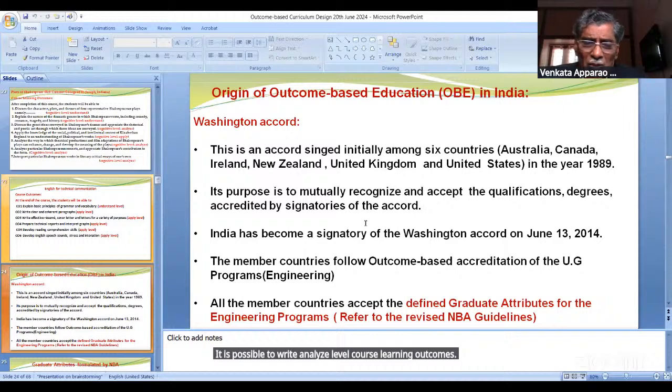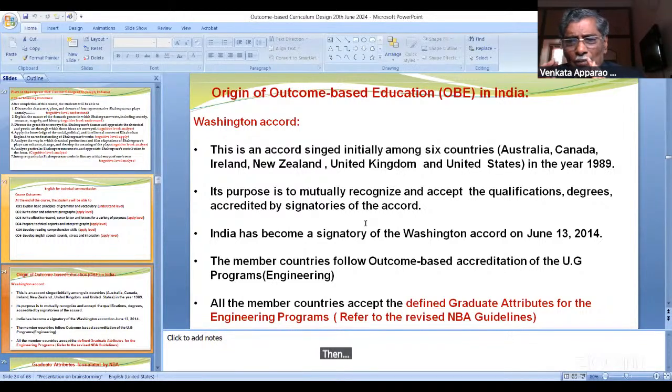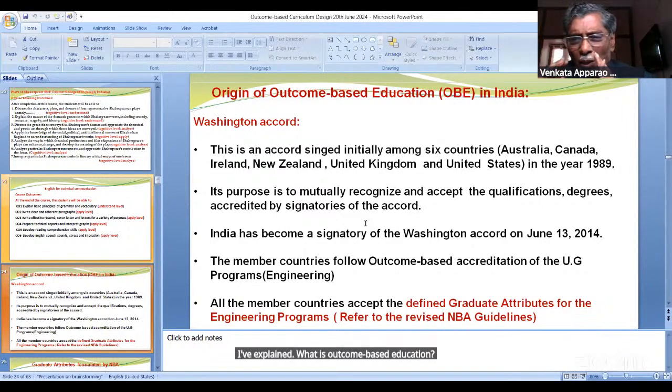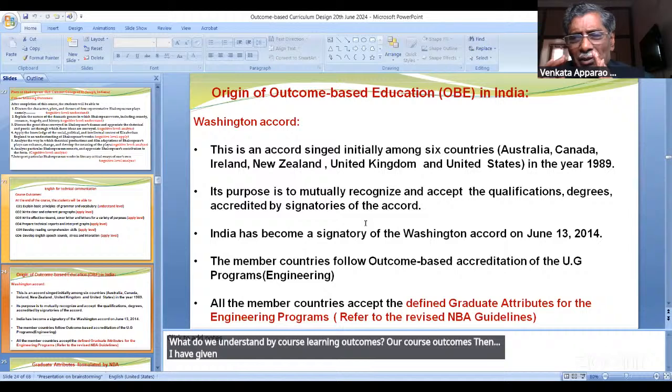Now, so far, I have explained what is outcome-based education, what we understand by course learning outcomes. Then I have given the explanation of the revised Bloom's taxonomy of learning levels.